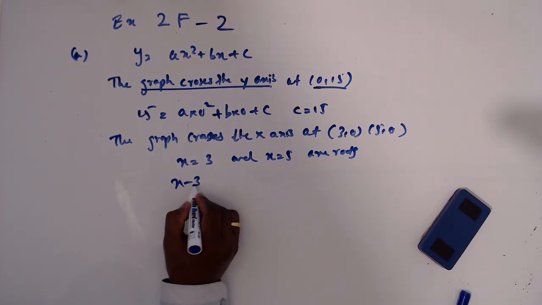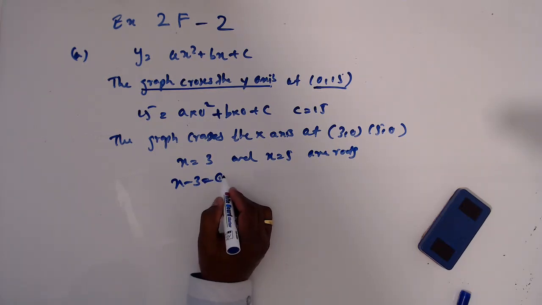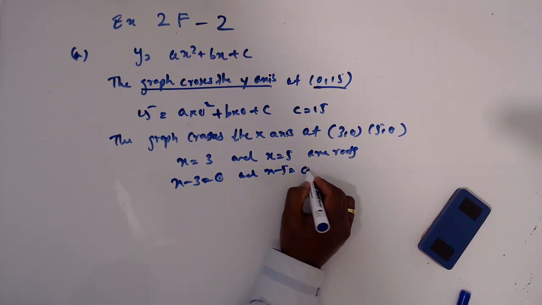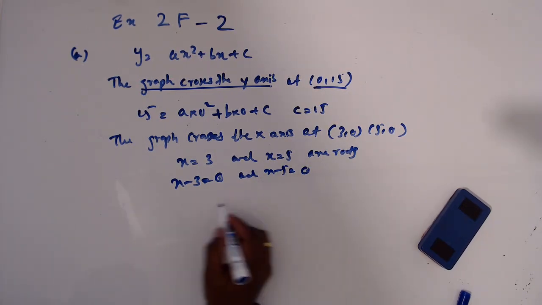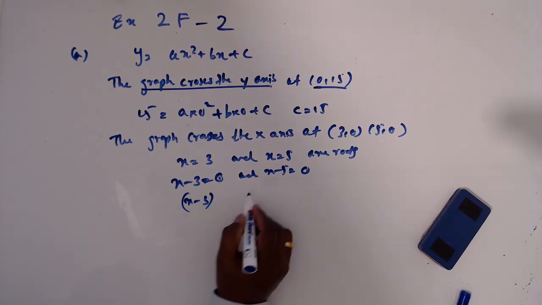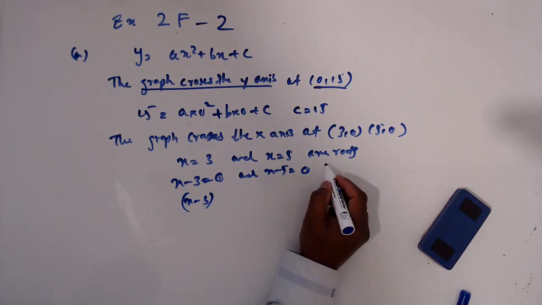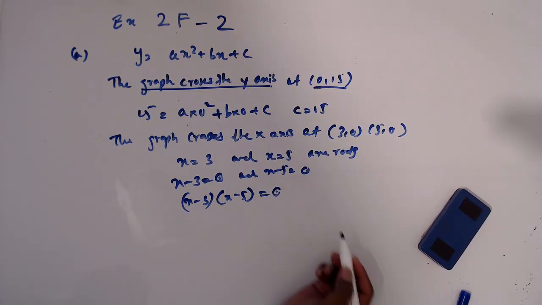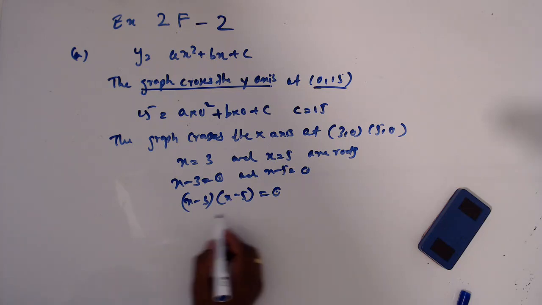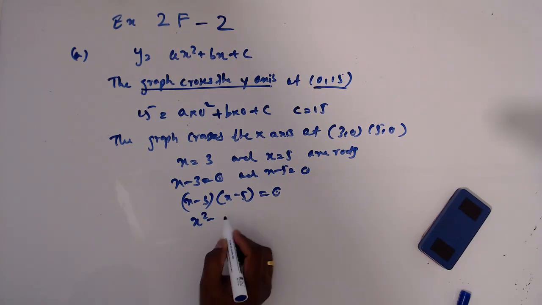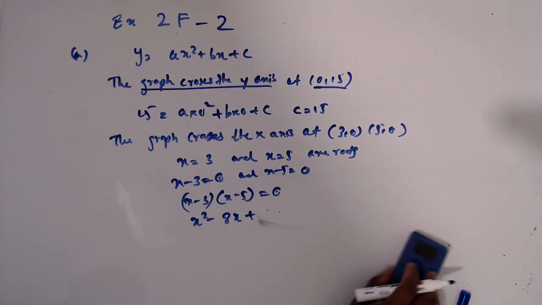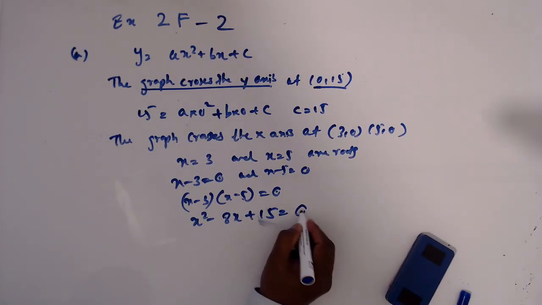It means x minus 3 equals 0 and x minus 5 equals 0. It means x minus 3 times x minus 5 equals 0. It means x square minus 8x plus 15 equals 0.